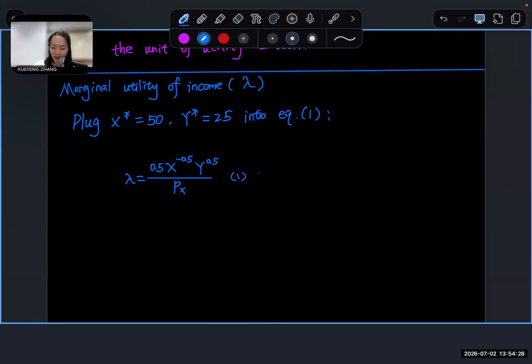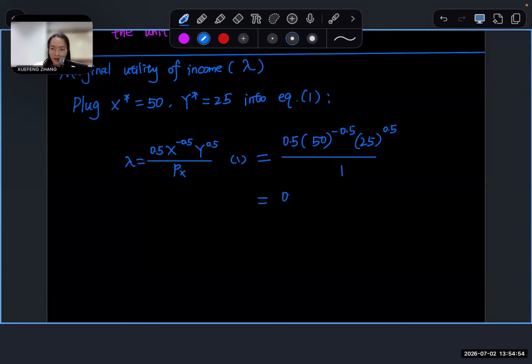So that means 0.5 times 50 to the power negative half, you just plug the numbers in, and 25 to the power half over 1. Here it becomes 0.5 times square root 25 over square root 50.